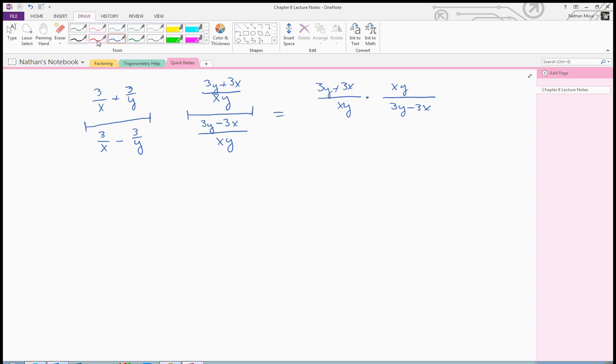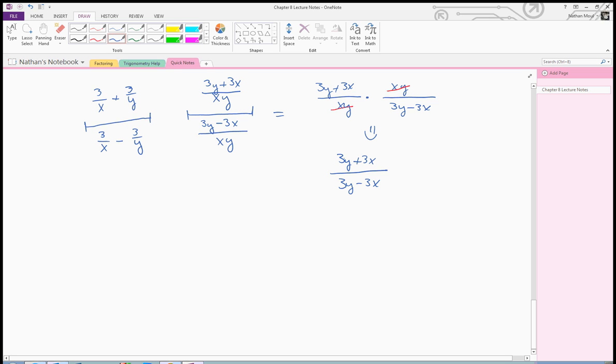Again, our fundamental property states that anything that's going to be on one side after multiplication, we can go ahead and get rid of so we don't have to deal with it later. So that will then give us, that's not a smiley face, that's an arrow, 3y plus 3x over 3y minus 3x.